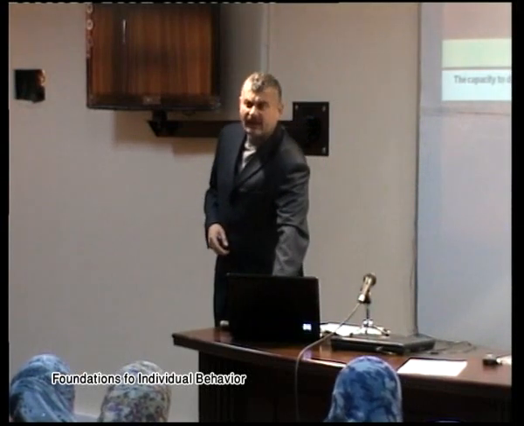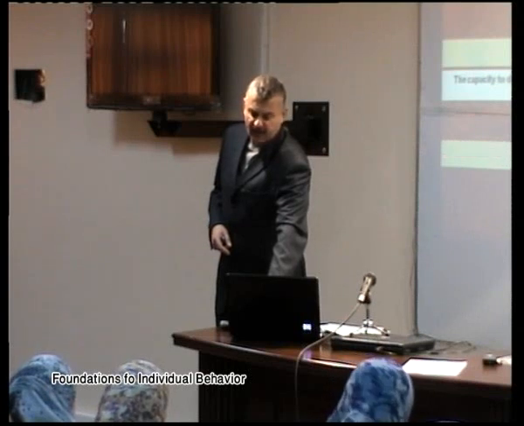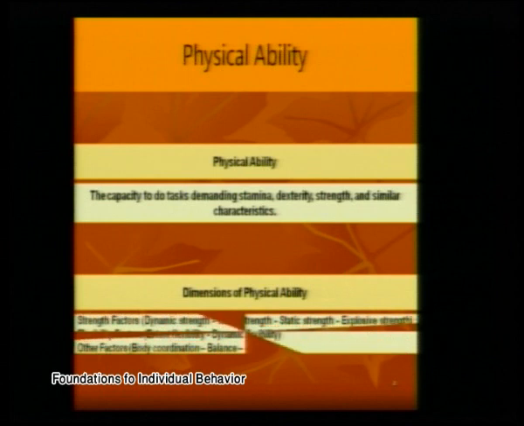Okay. Now let us take some examples for physical abilities, or dimensions of physical abilities. Now there are 5 dimensions here, which are categorized in 3 different categories. The first one, strength factors, flexibility factors, and other factors. Okay.